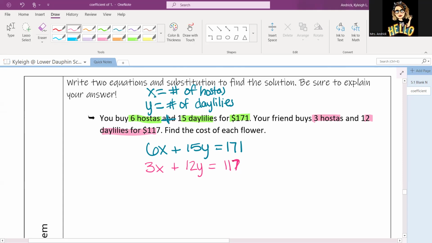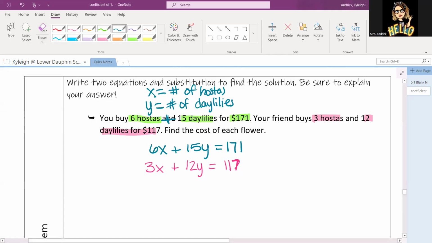Now, do we have the same number anywhere? Same coefficient? I see a 6 and a 3 and a 15 and a 12. So the answer is not the same coefficient. But can we multiply one of these by something to get the same? So I would start with my smaller numbers. So can I multiply 3 by anything for it to become a 6? Hopefully you're thinking, absolutely.